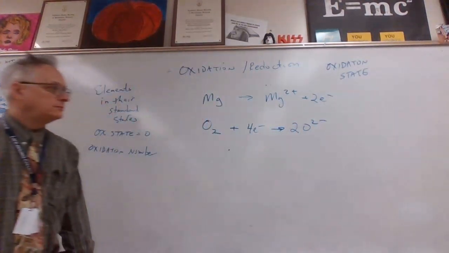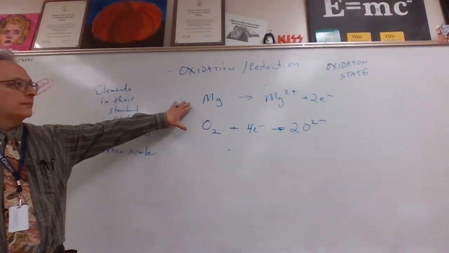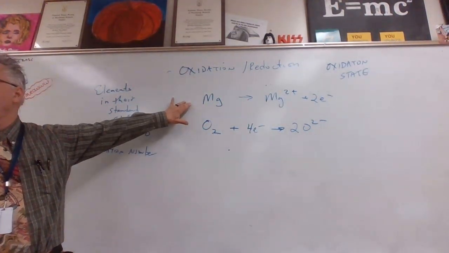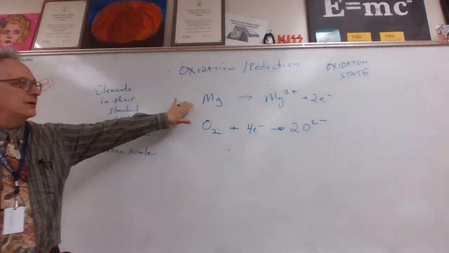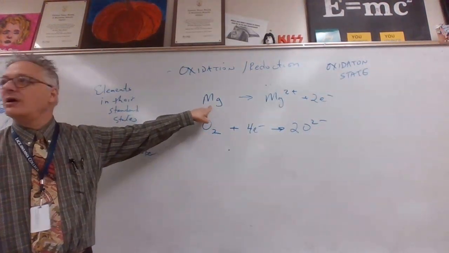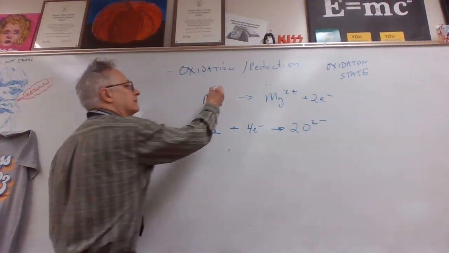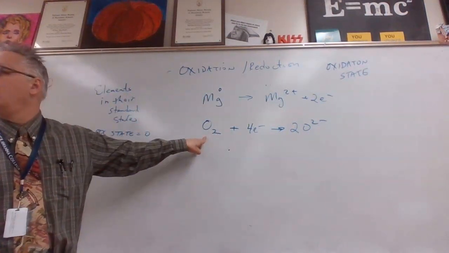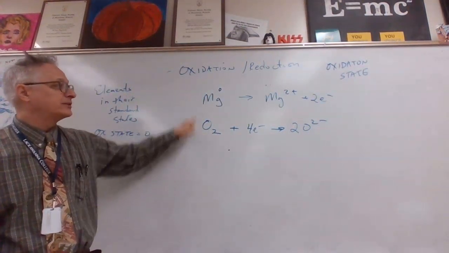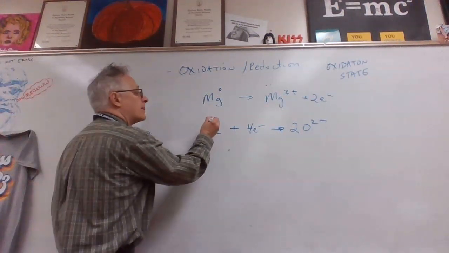Okay, what have we got going on here? First of all, this is an oxidation. And what's the oxidation number on this? 0, right? How about down here? 0. Can you see? Because those are elements in their standard states.